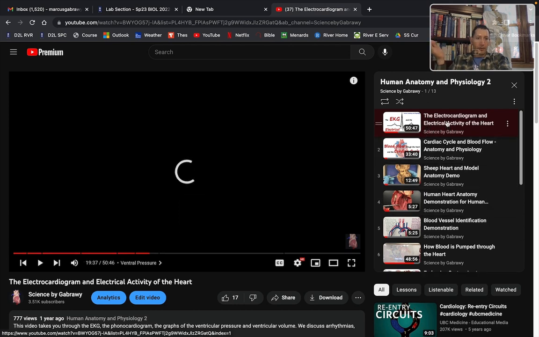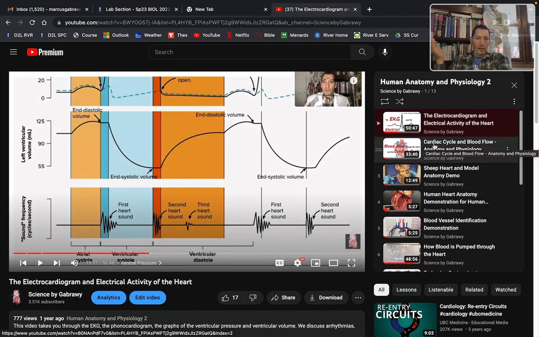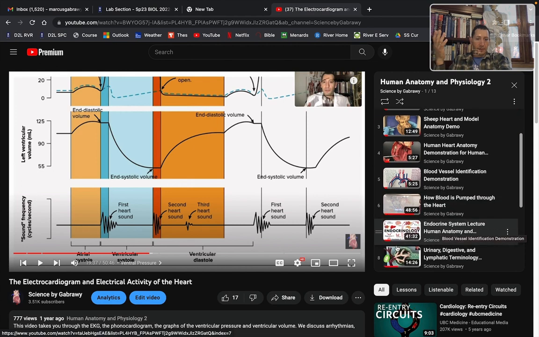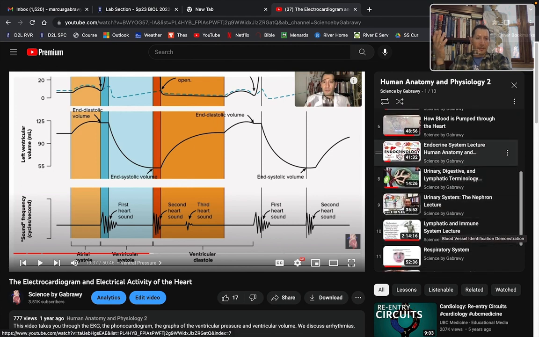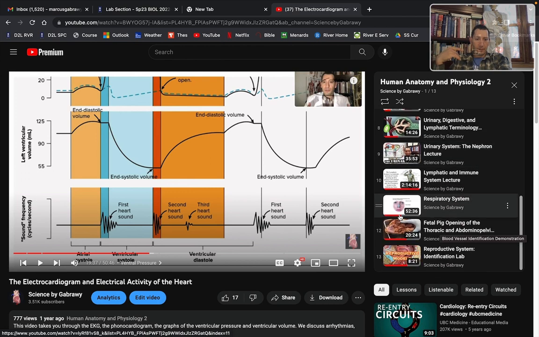Check it out. You have the EKG. You got the cardiac cycle. You got the sheep. Here's some lab stuff. The heart, blood vessels, and so on. And the endocrine system, urinary, and so on and so on.